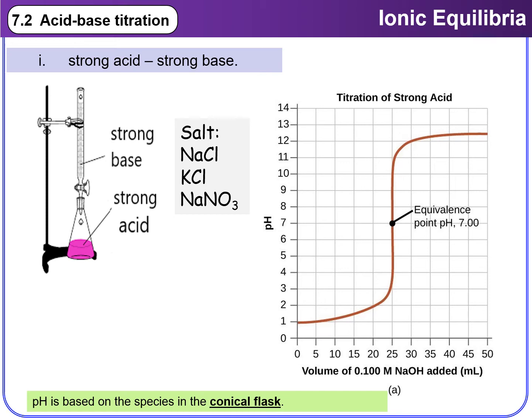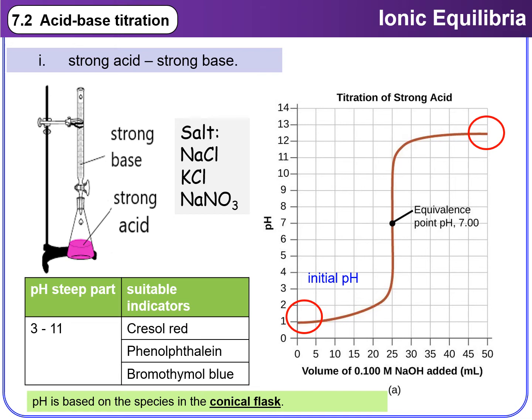So notice that the initial pH is based on the pH of a strong acid, and the final pH is the pH of a strong base, which is sodium hydroxide, for example.